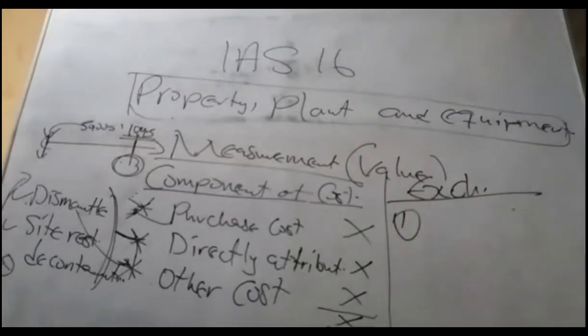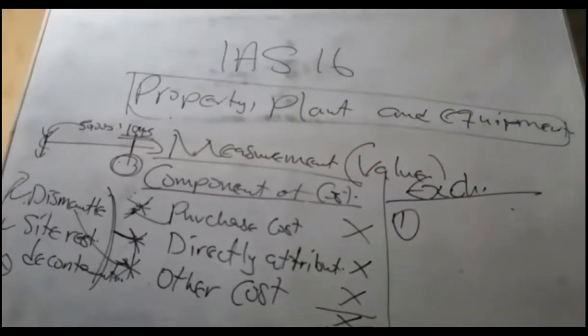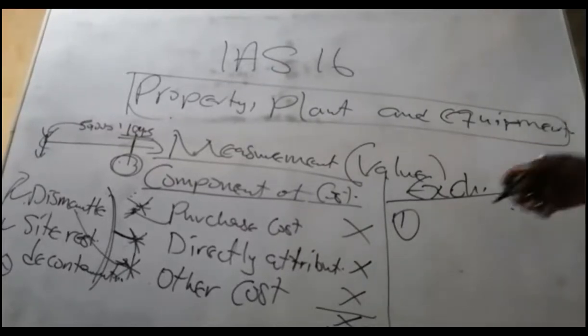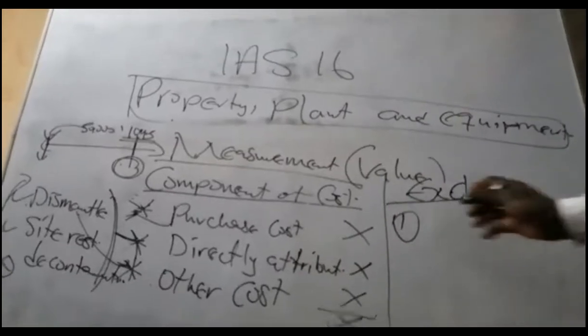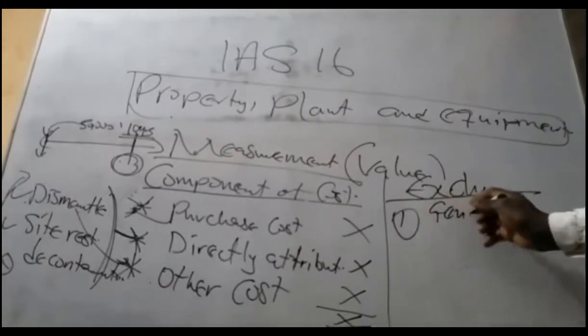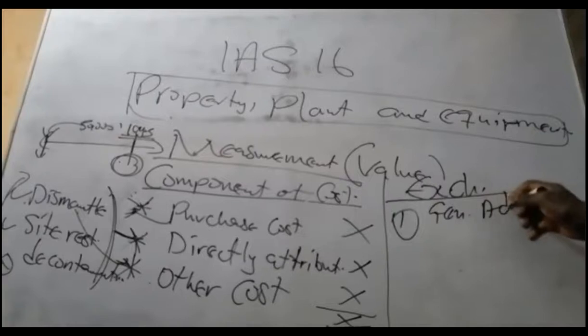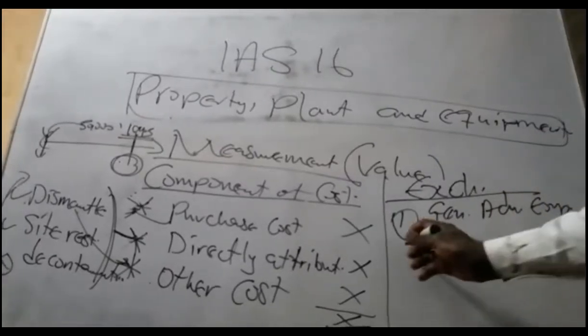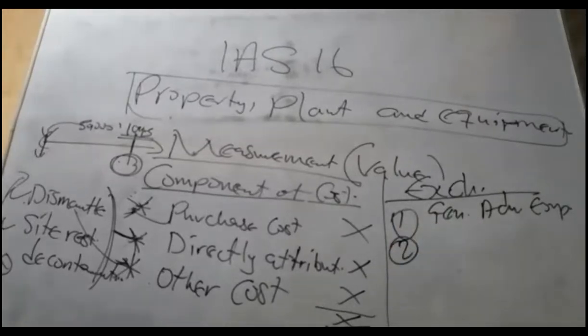One, general and administrative expenses must be excluded. Two, you have to exclude pre-production cost.